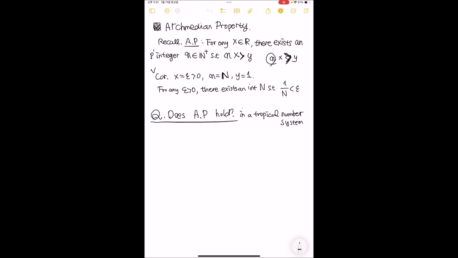When you consider the original Archimedean property, nx means, because n is a positive integer, we understand nx means like this.